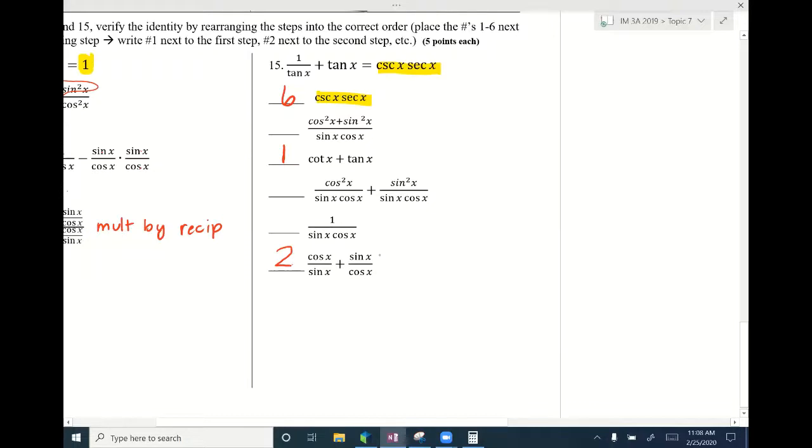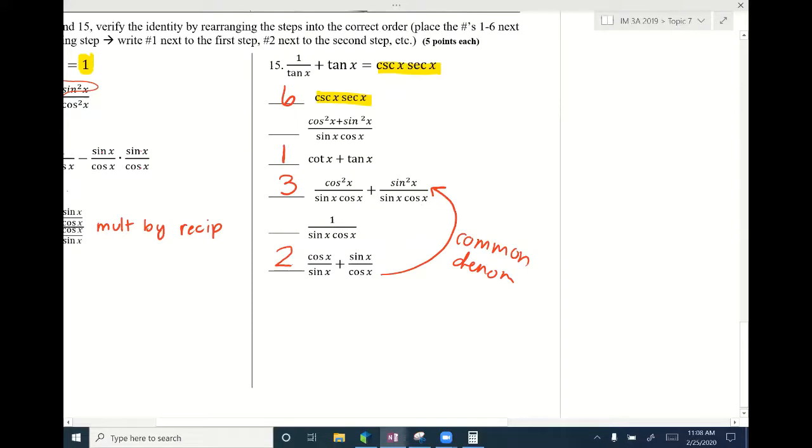So since I have two fractions, notice they start to come together, right, to create an answer. So that would mean that I would need a common denominator. So if I wanted a common denominator, I would have to multiply them by each other's denominators. So this step is giving them a common denominator, multiplying the first one by cosine over cosine, the second one by sine over sine.